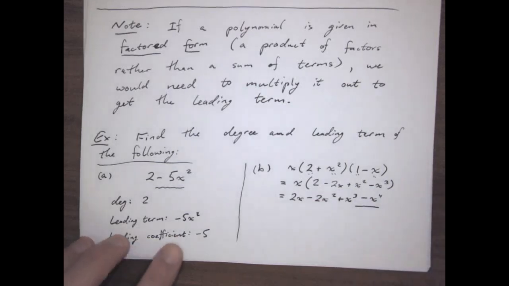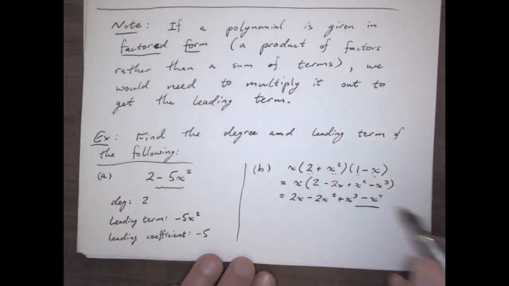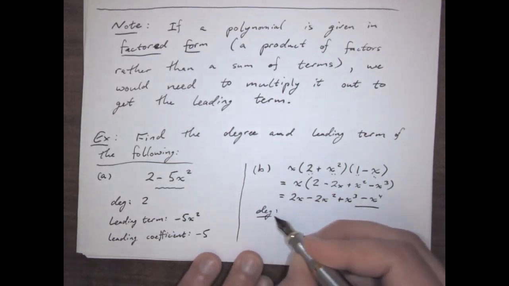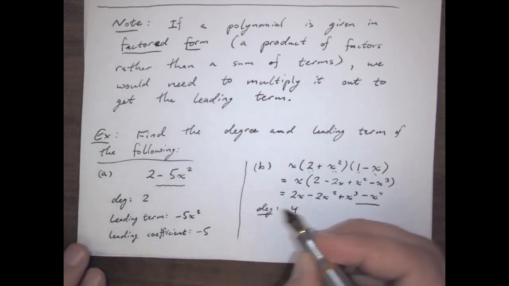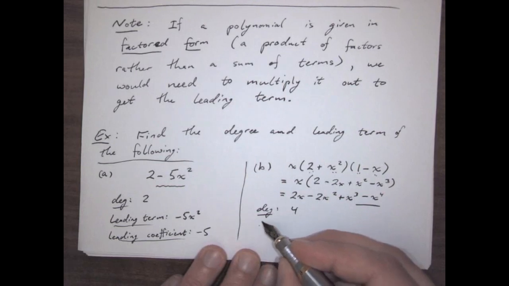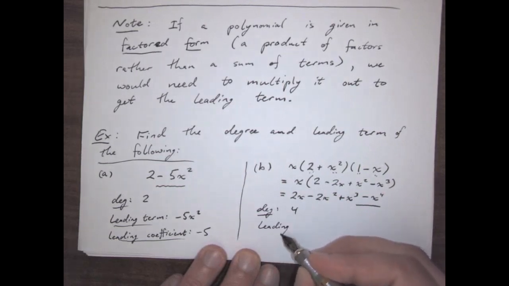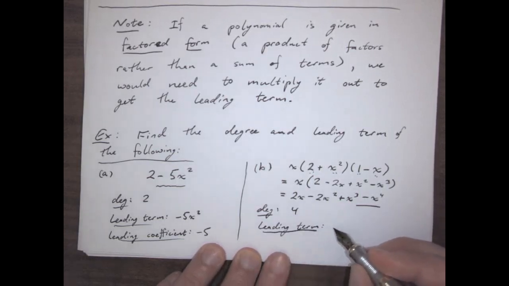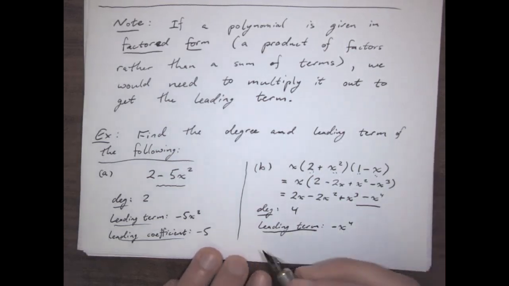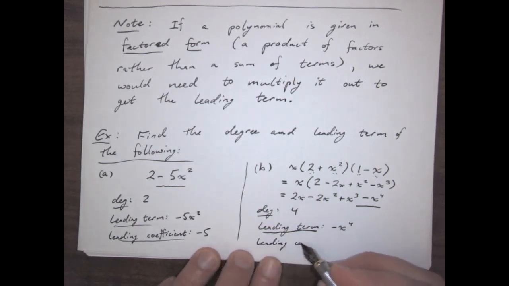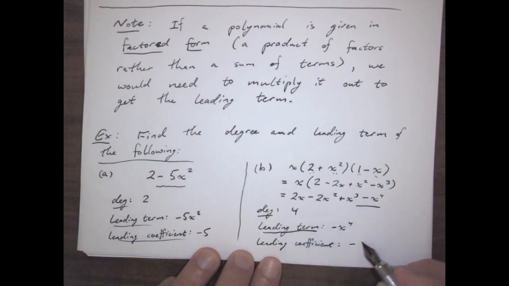So there is our leading term. Even though it's written last, it's called the leading term. And the degree is its exponent. So the degree here is 4. The leading term is negative x to the fourth, and the leading coefficient is negative 1.